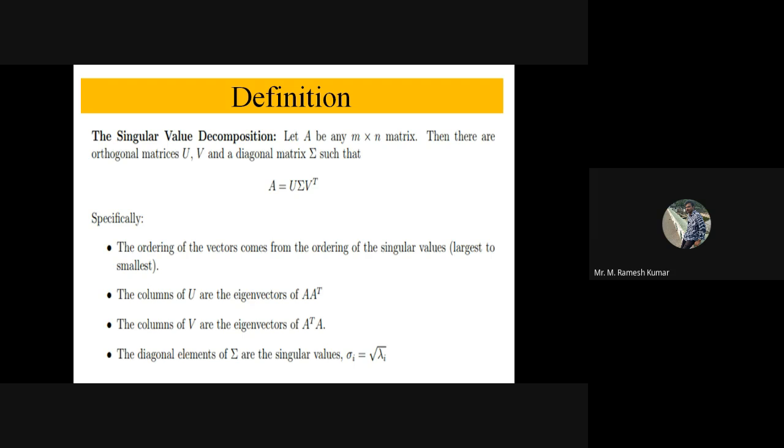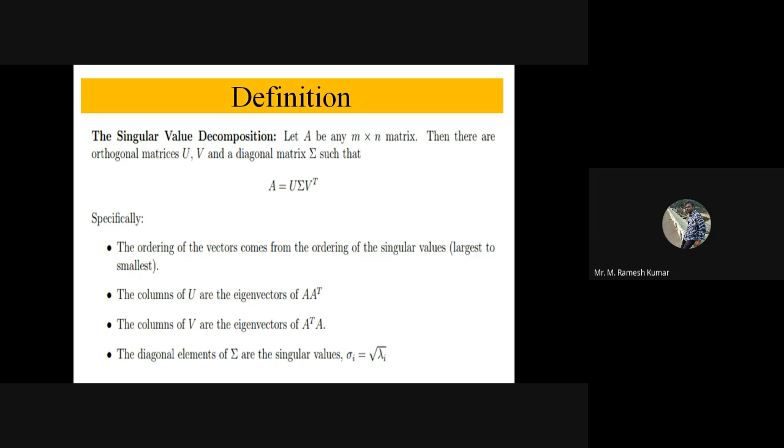The diagonal elements of sigma are singular values. So what is a singular value? Simply the root of an eigenvalue. So three things are very important.